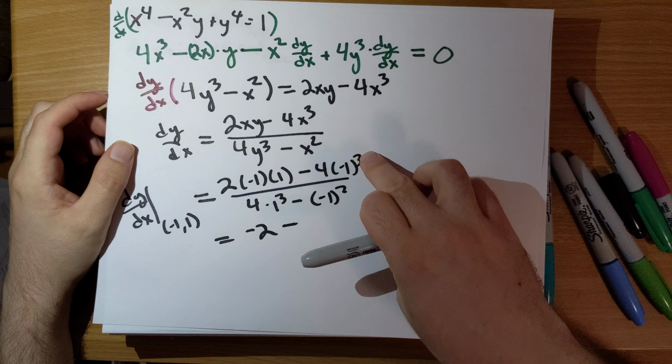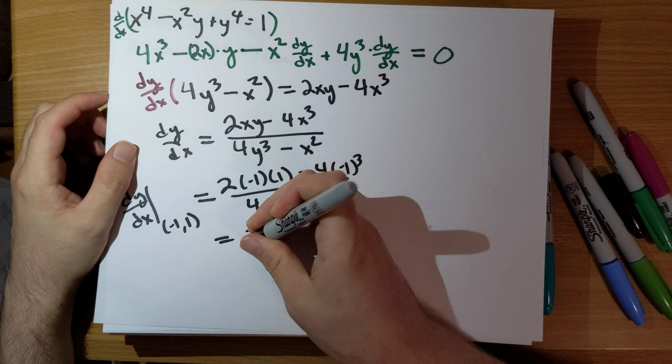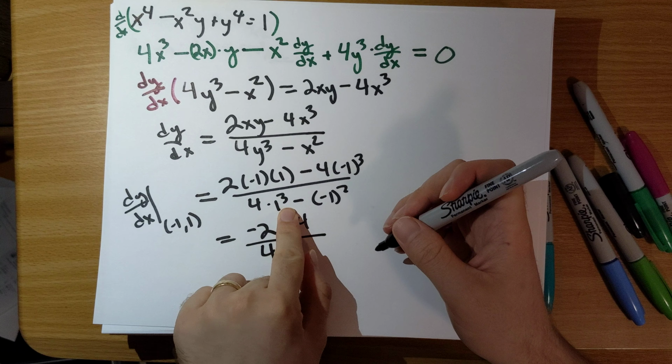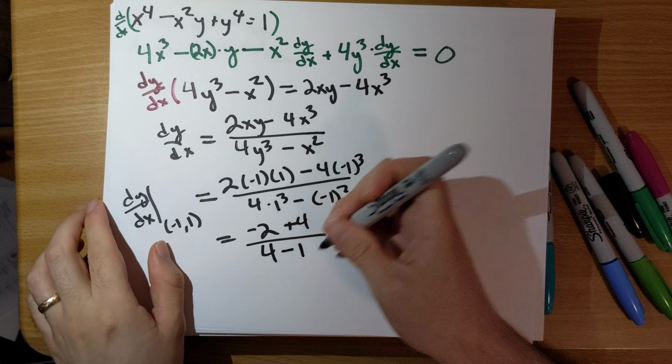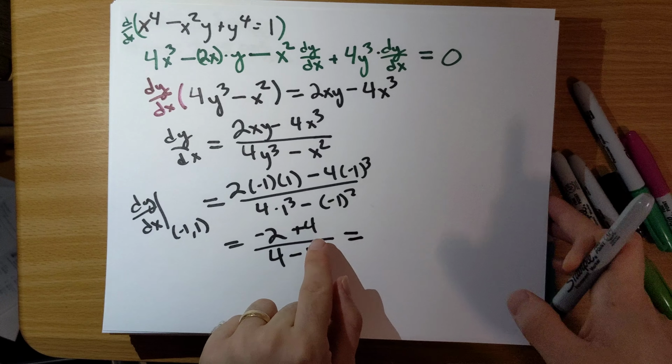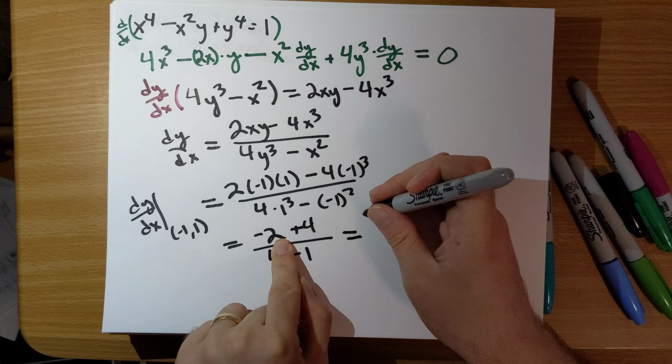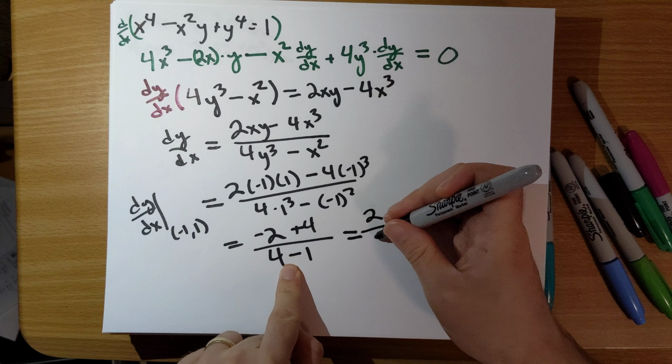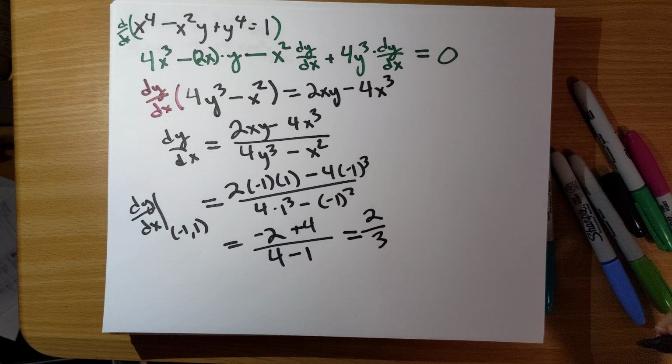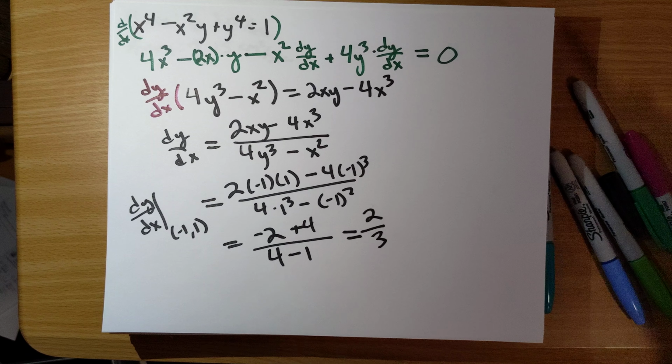Minus 4 times -1 cubed, that would be +4. All over 4 times 1 minus 1. So that looks like upstairs is 2 and downstairs is 3. So the slope of the tangent line is 2/3.